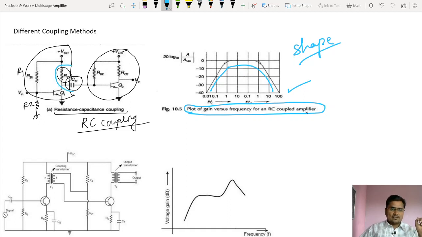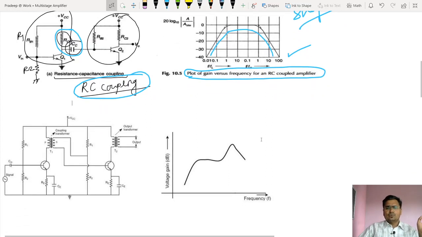Just a collector resistor and one capacitor has to couple the output of first stage to the input of next stage. So it is called RC coupling, and this is RC coupled amplifier. This is the first method of coupling. And look at the frequency response. It is same as that of single stage RC coupled amplifier. There will not be any change.